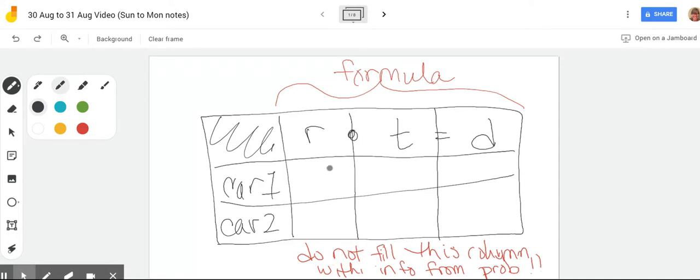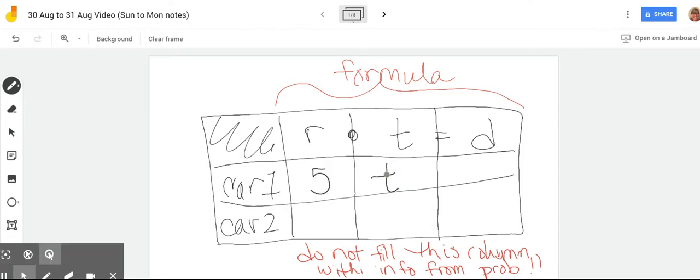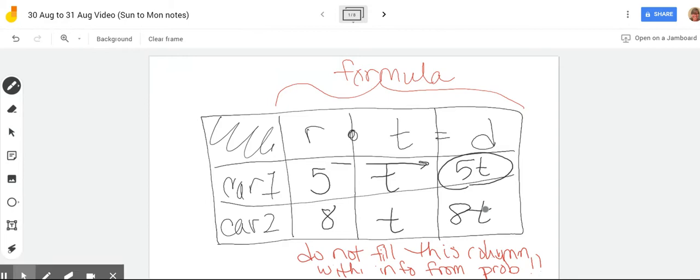Let's say they said the rate was 5 and you didn't know the time, and this rate was 8 and we didn't know the time for right now. Rate times time equals distance. The distance is going to be 5t. You get this column from these two things. This one is 8t. That's the most important thing. That and one more thing.